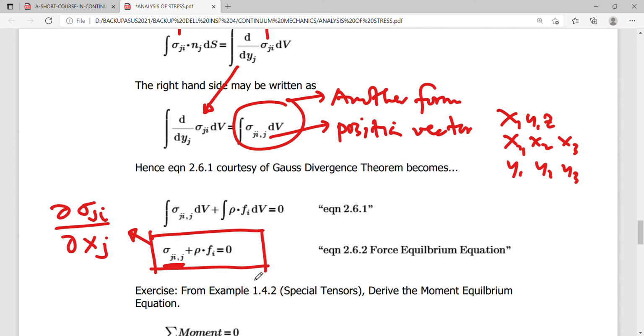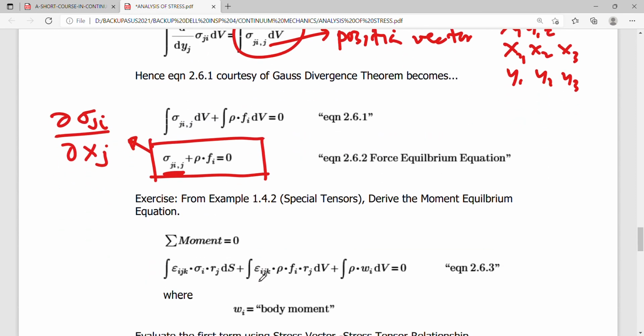Okay, so in the next presentation, I will be discussing to you the moment equilibrium equation, which is almost the same in terms of the derivation presented here, but a little more involved and stringent. So thank you for listening, and I'll see you on the next video.